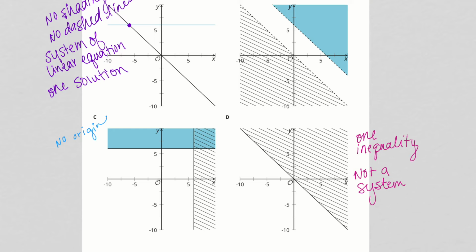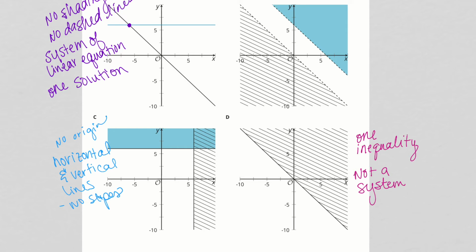No. So we have a horizontal and a vertical line, so there are no slopes.